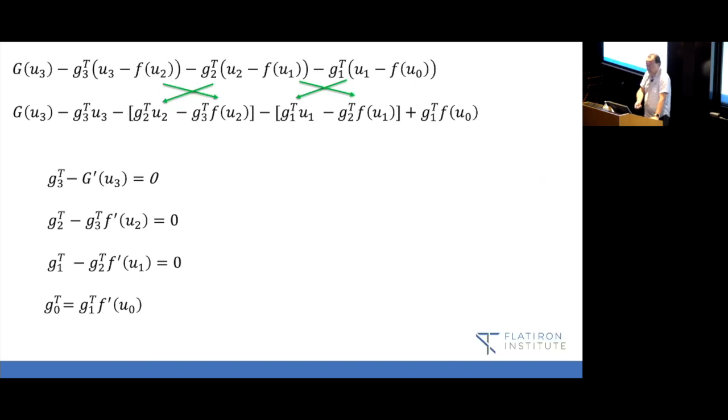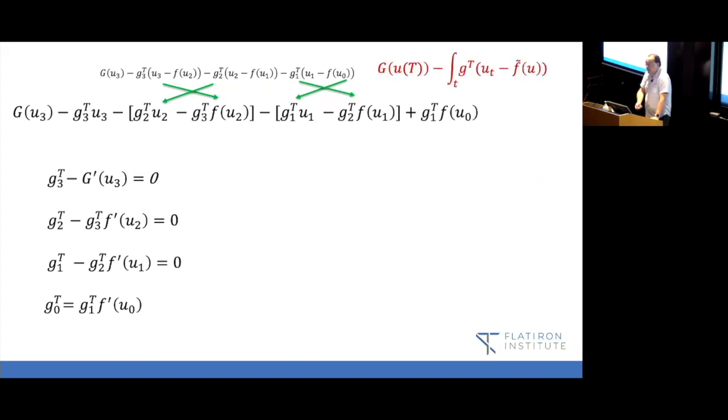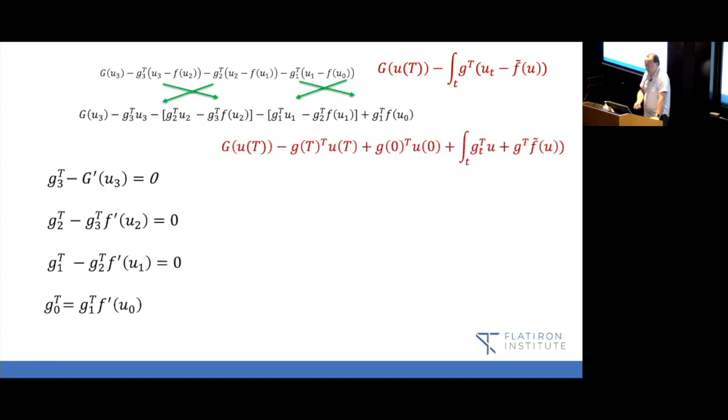Now what I'm going to do is consider the continuum case where we actually have the ODE directly. So our Lagrangian is going to be g of u at the final time minus the integral of the Lagrange multipliers transpose times our ODE. And then I'm going to do a simple integration by parts on the first term.